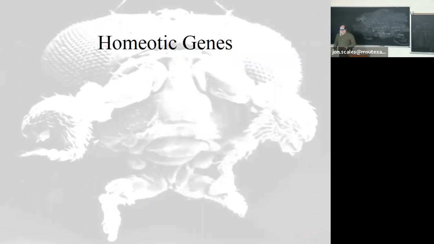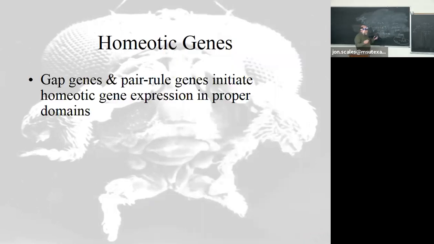All right. So this brings us then to our final group of genes. We have the homeotic genes. So the gap genes and the pair-rule genes initiate stripes and define borders. Ultimately, the segment polarity genes establish the anterior posterior of each individual segment boundary.